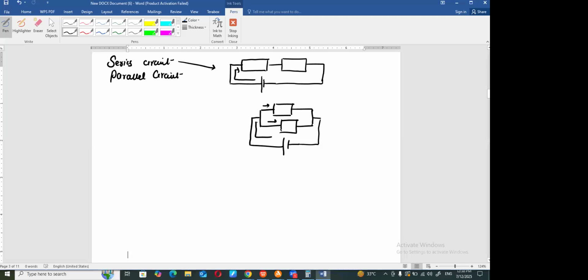Some current goes from here, some current goes from here. In the previous one, the series circuit, the current has one path. In the second case, the current has multiple paths. So that is a major difference. In series, the current passes through a single path, while in parallel, the current can have more than one path. This is the basic difference.